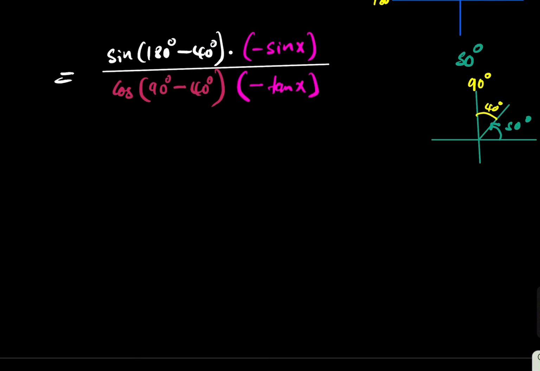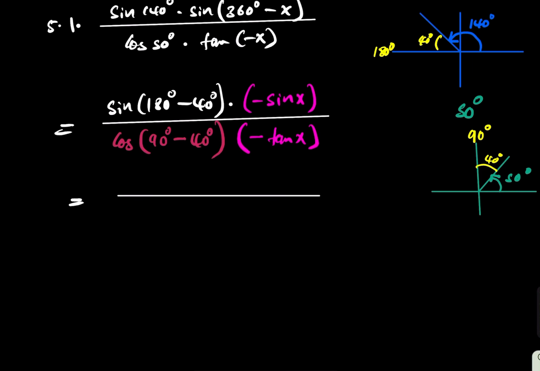So now you are going to say to yourself, if you look at this one, it's 180 minus, which is in the second quadrant, and that's where sine is positive. So I'm going to get a positive sine of that reference angle, which is 40 degrees, multiplied by a negative sine x there.